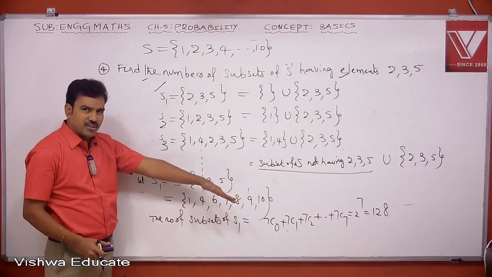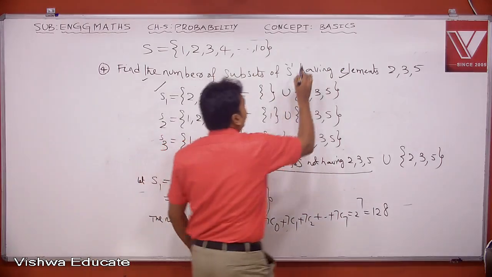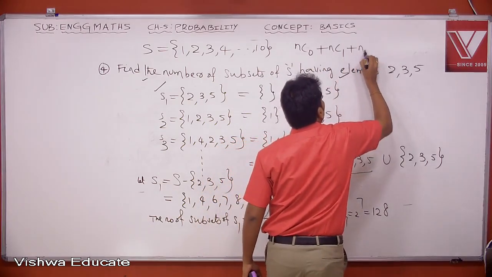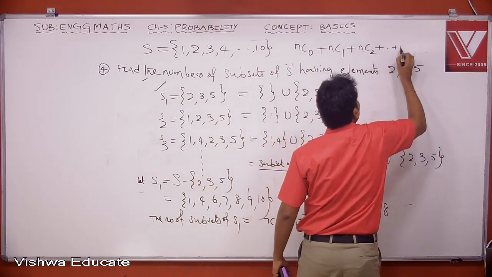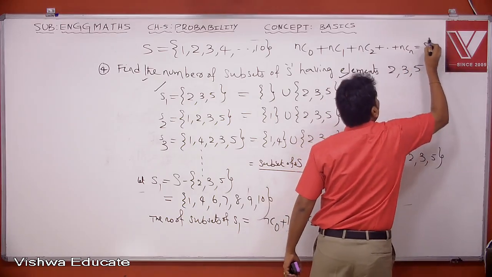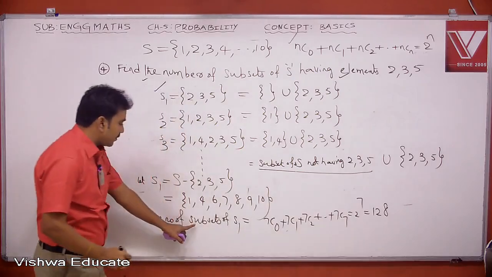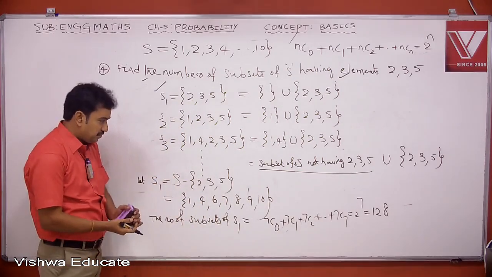Directly we have a useful result: NC0 plus NC1 plus NC2 and so on plus NCN is nothing but 2 power n. So the total number of subsets of S1 is 128.